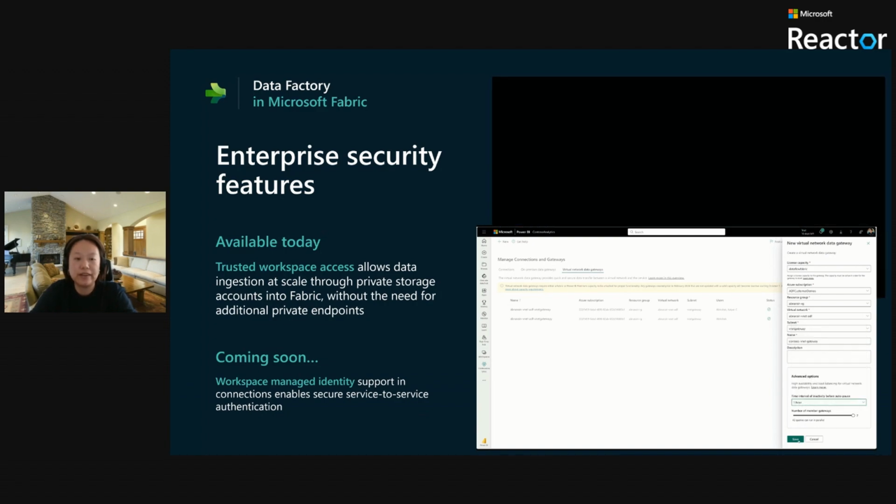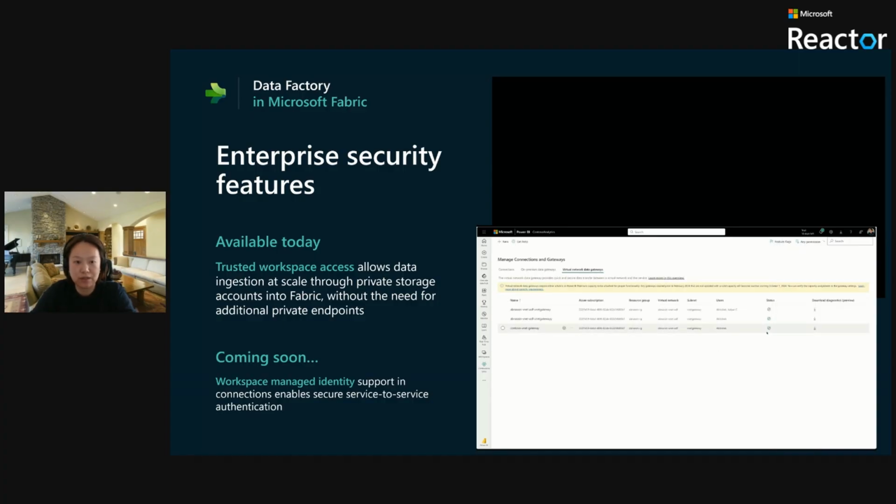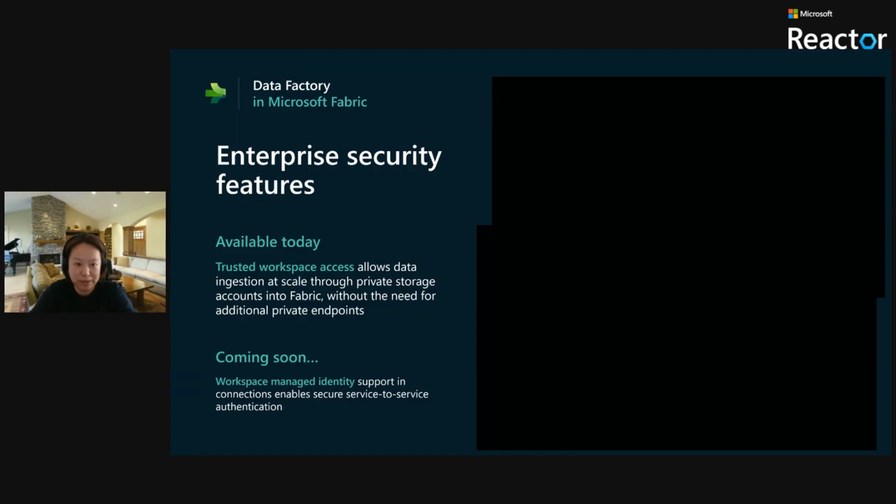Another thing that we got from you is about credential-free authentication types, which is the workspace managed identity authentication. We are working on this support to provide you the service-to-service authentication that can really be helpful, and is asked for by many customers, especially for operationalized workflows.